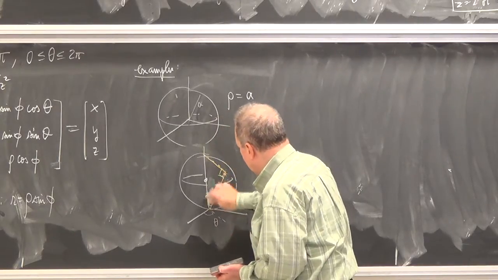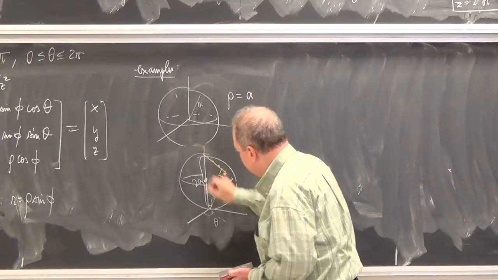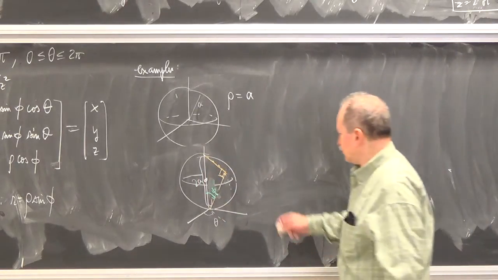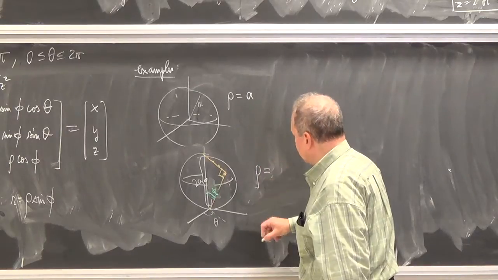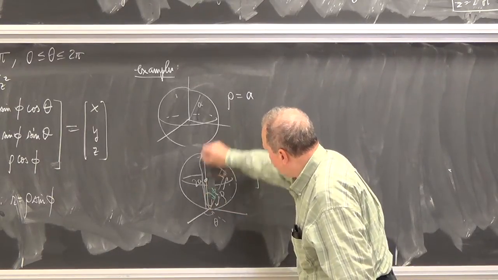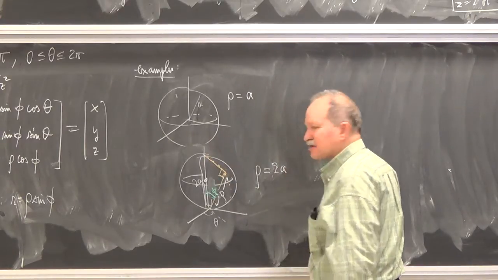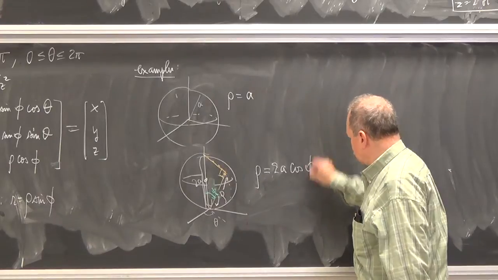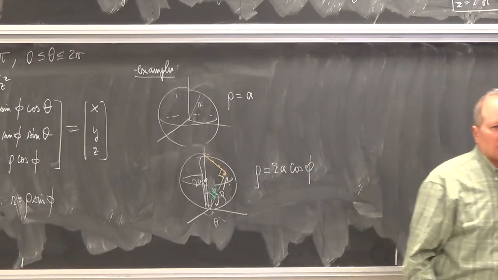The radius is a, so that makes this 2a. Should look familiar, right? So what is the equation? Rho over 2a equals cosine of phi. So it's just like what we did in polar coordinates.